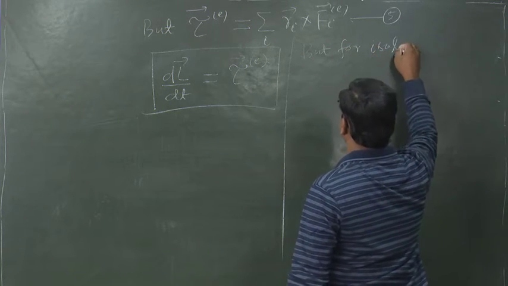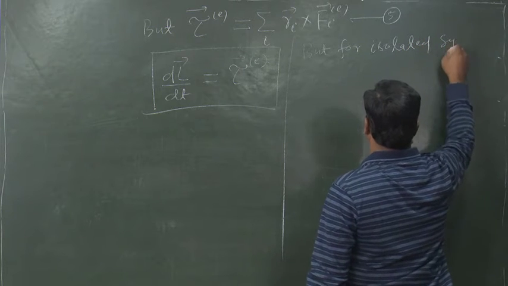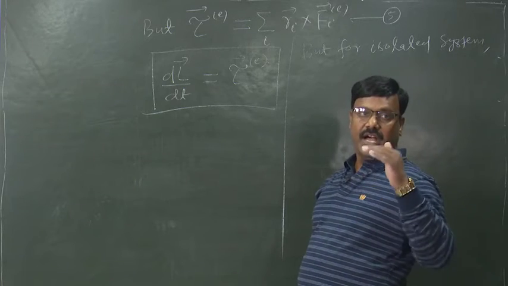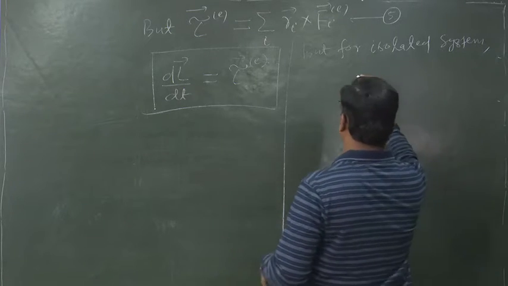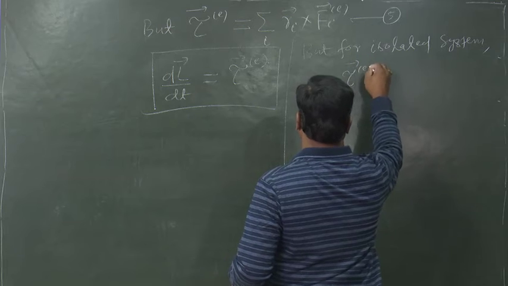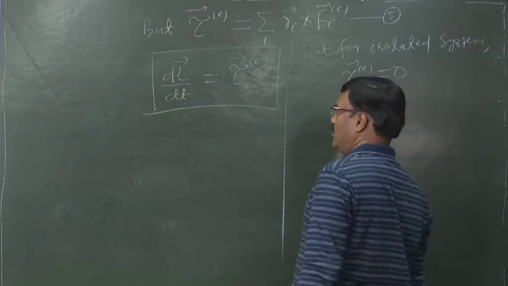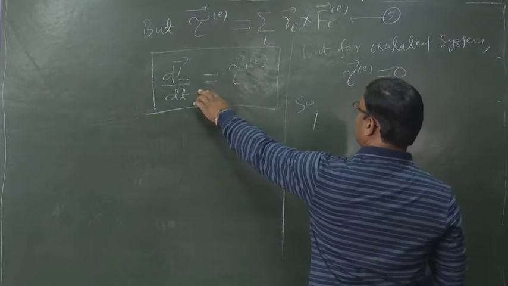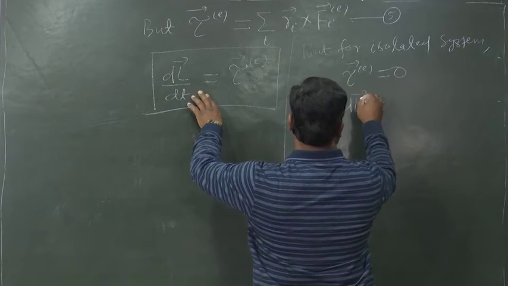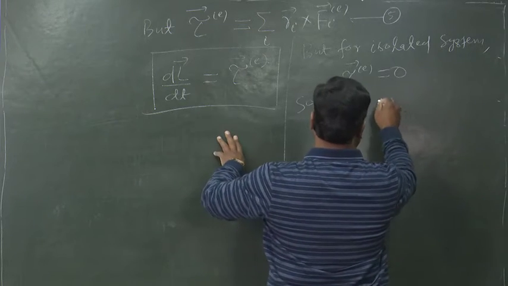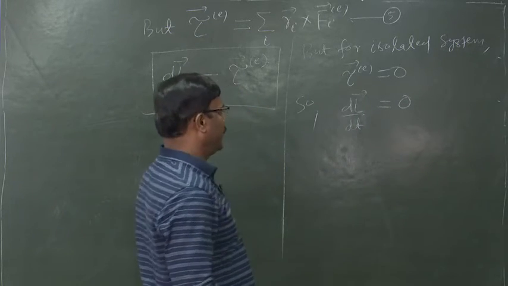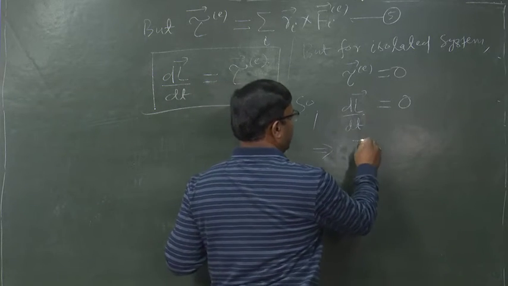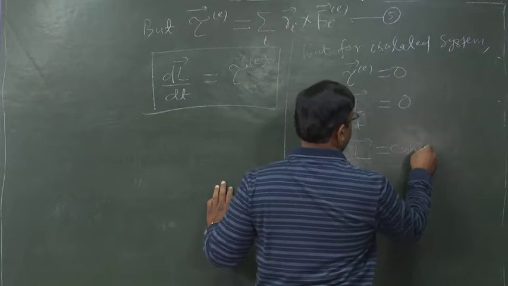Now, we have to consider the case of an isolated system. For an isolated system, the total external torque acting is 0, that is, tau vector external is equal to 0. So, this equation now can be written as dL/dt equal to 0, which implies that L vector is equal to constant.